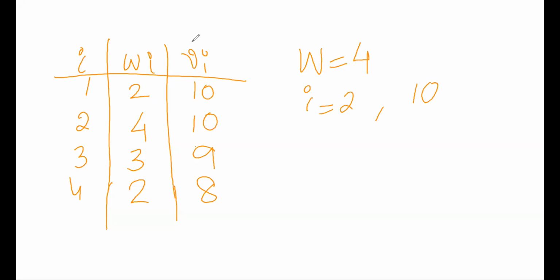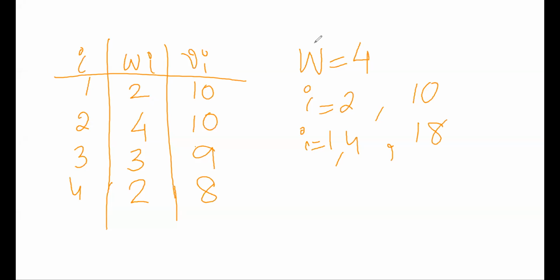But instead, if he picks up item number 1 and 4, okay, then what is the profit he gets? If he picks up 1 and 4, he gets 18.